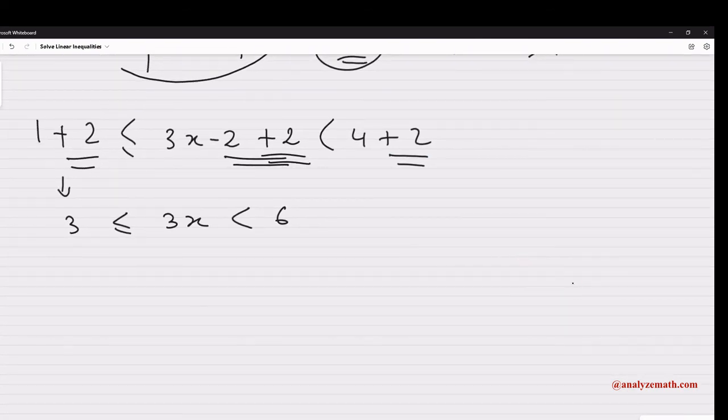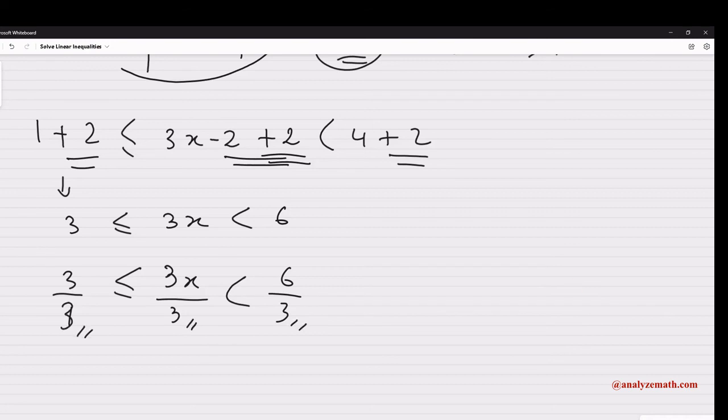Now, I have 3x. I want to go from 3x to x. What do we do? We divide by 3. Same thing, we divide all the terms by 3. So here, and here, and here. We simplify. This gives me 1. 3x divided by 3, so 3 by 3 gives me 1x. 6 by 3 gives me 2.